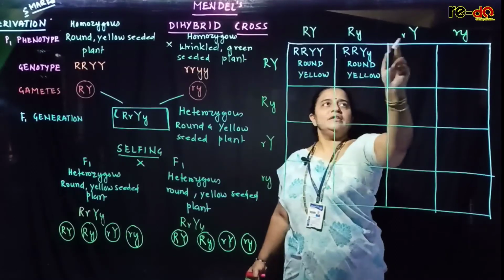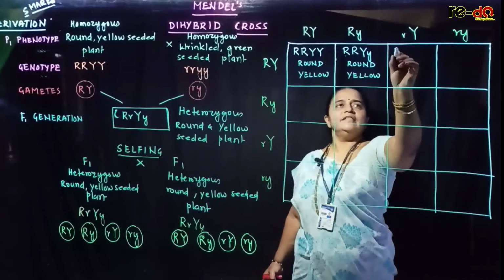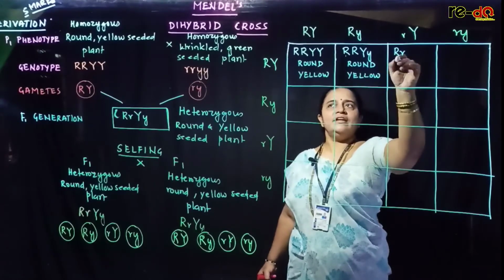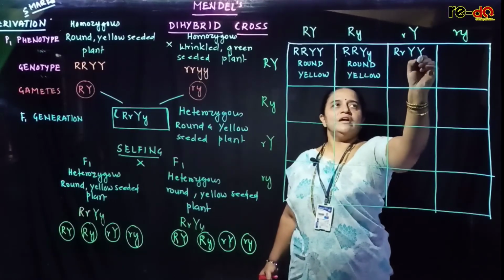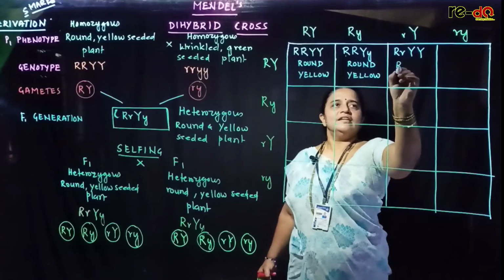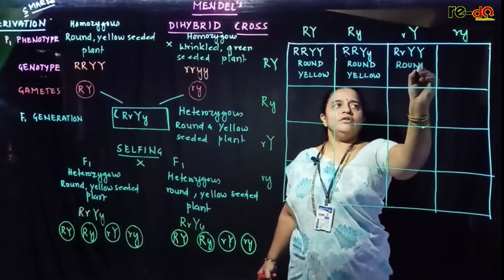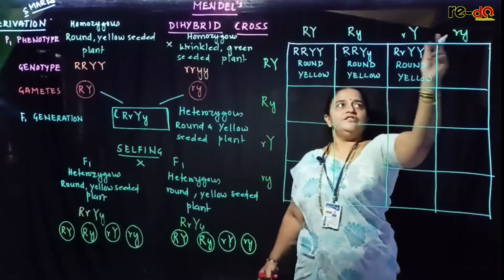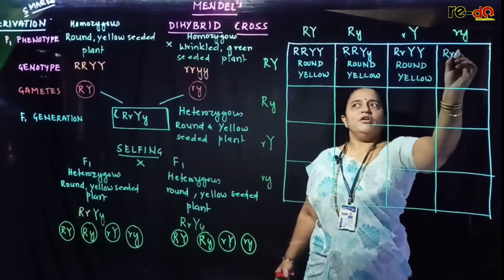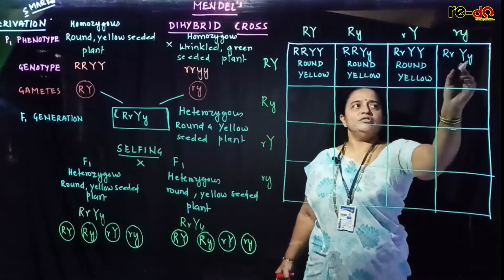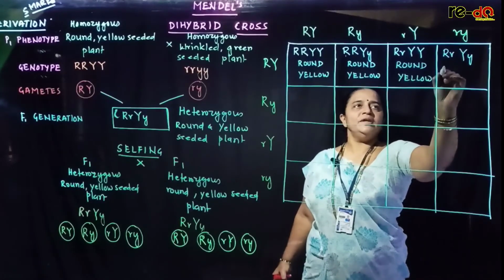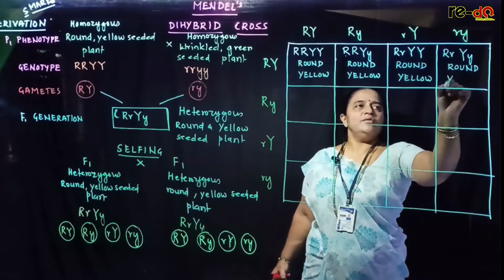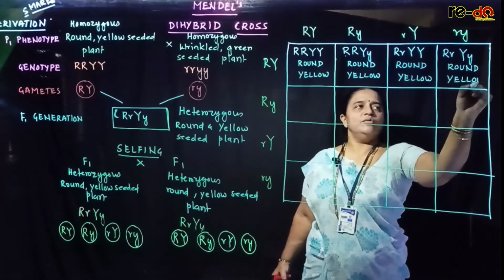Now this gamete with this, if fertilizes, R, small r, round is dominant, wrinkled is suppressed, and both are Y, means yellow color. So here also round yellow. Now these two, R, small r, Y, small y, both are heterozygous, but due to dominance, here also shape of the seed is round and color is yellow.